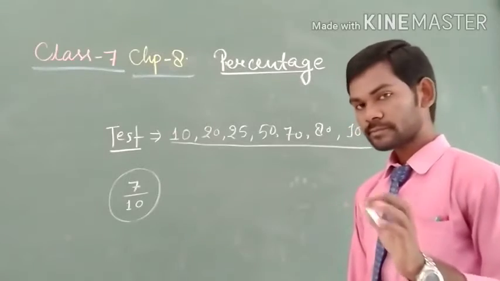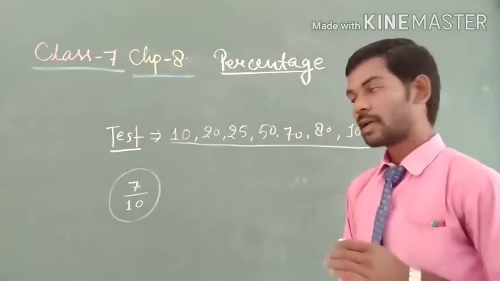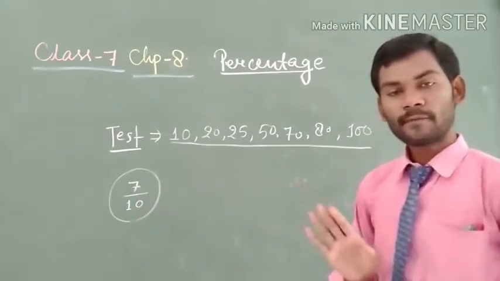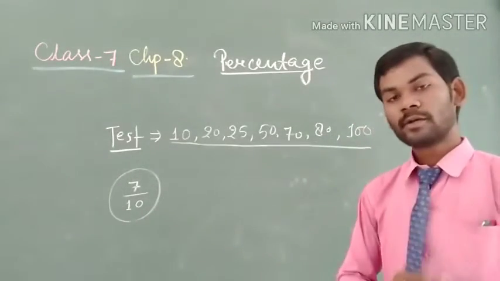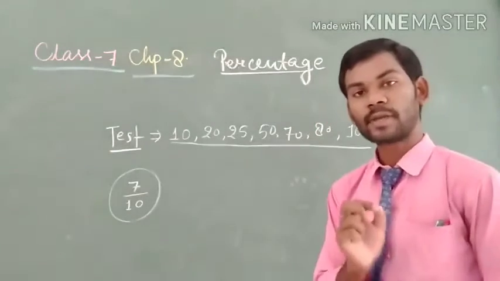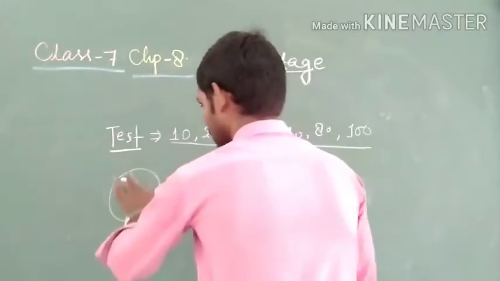Okay, this is the first case. But I want to change the denominator into 100. For this, we have to multiply the numerator and denominator by 10.